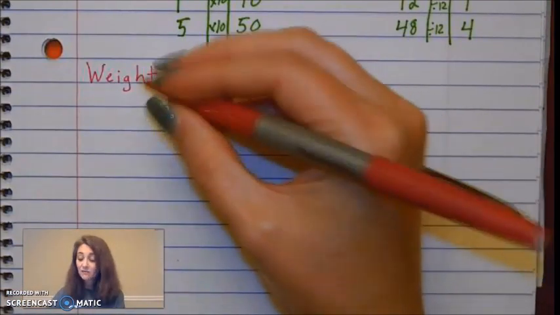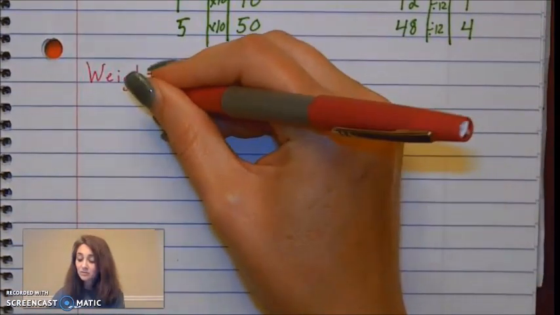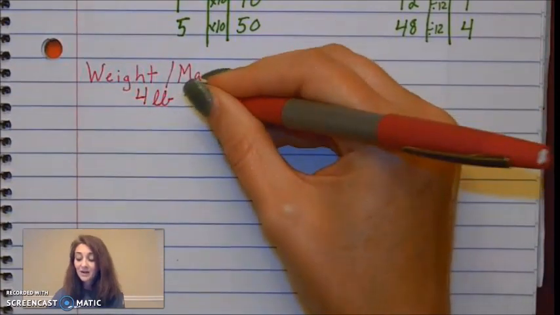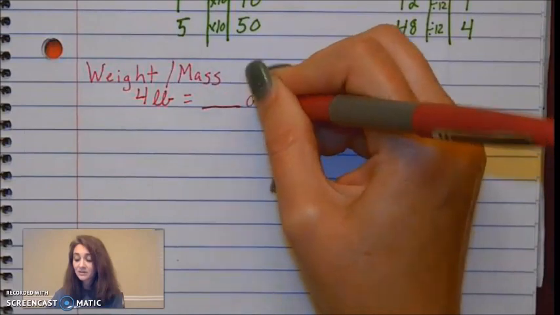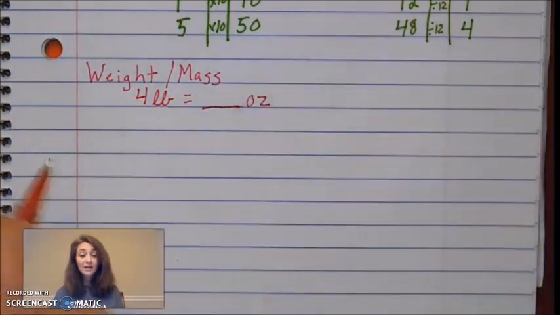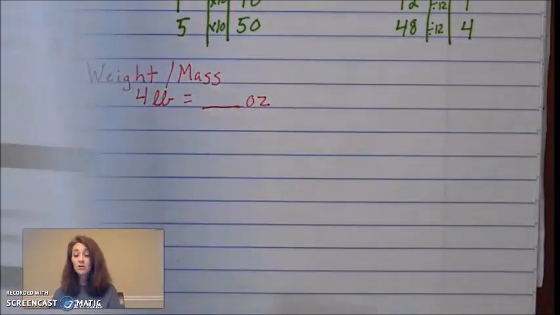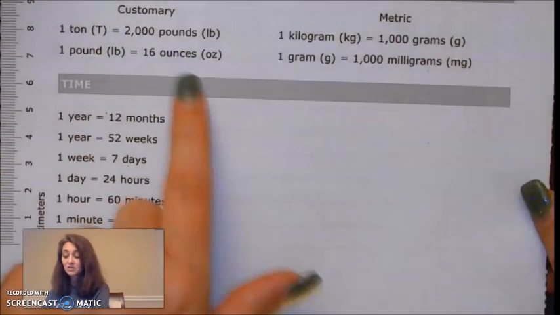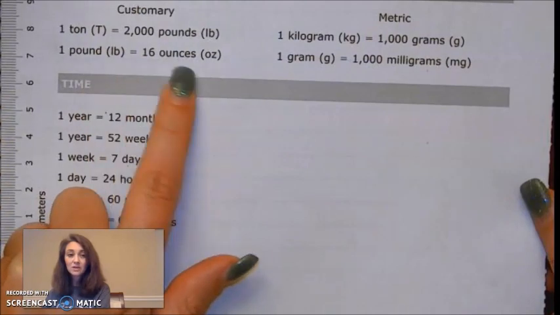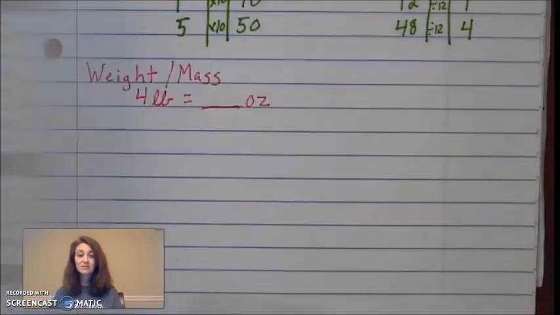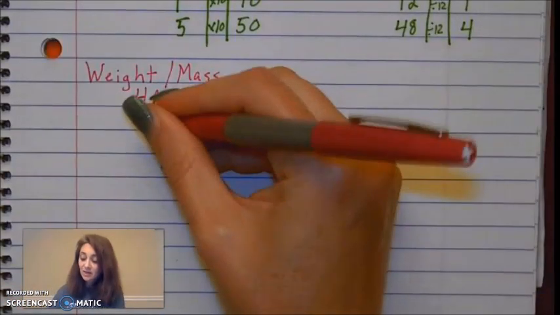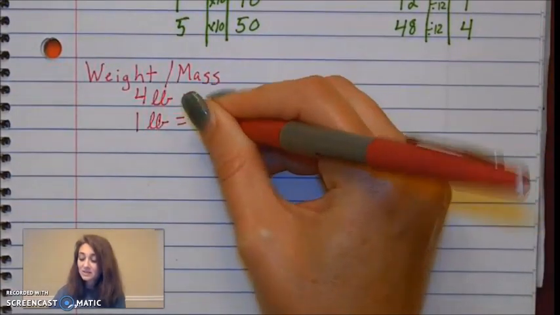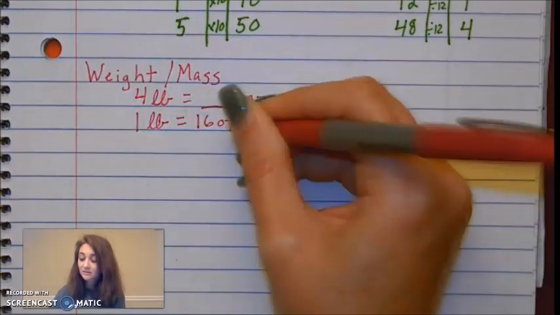So if we had 4 pounds and we wanted to know how many ounces that was, we could figure that out by using our math chart, our reference materials. I see that 1 pound equals 16 ounces. So I'm going to come down to start making my chart. 1 pound equals 16 ounces.